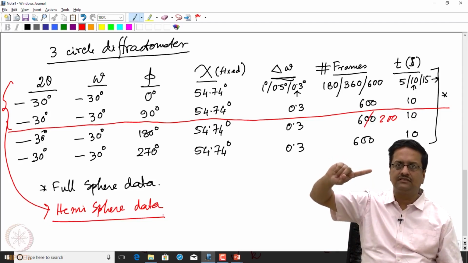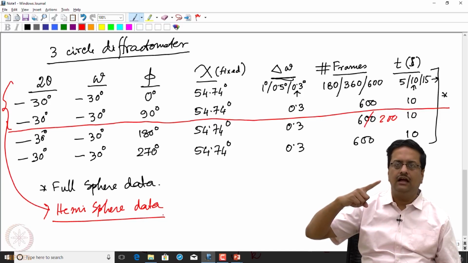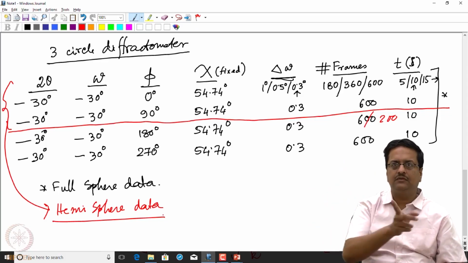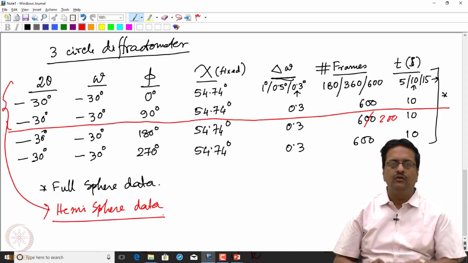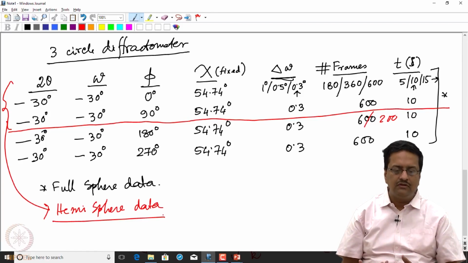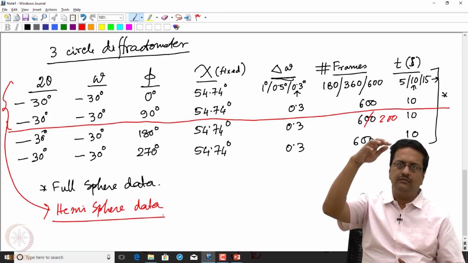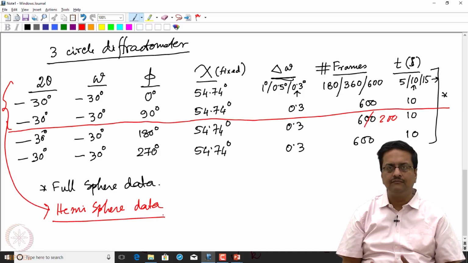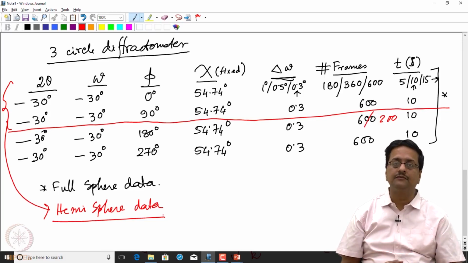In case of fixed chi, the crystal stays at a particular angle of 54 degree with respect to the base. So, by rotating the crystal about this axis, one can make the data collection faster. One can bring the reciprocal lattice points which are much higher than the detector to fall on the detector easily. So, the data collection time reduces significantly.